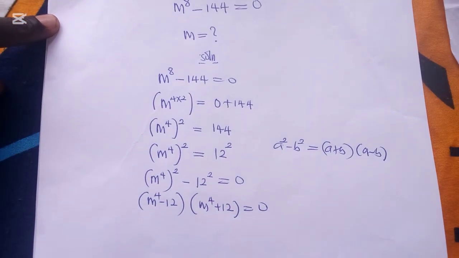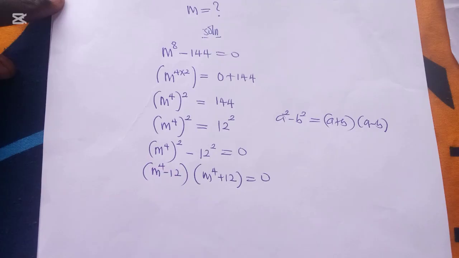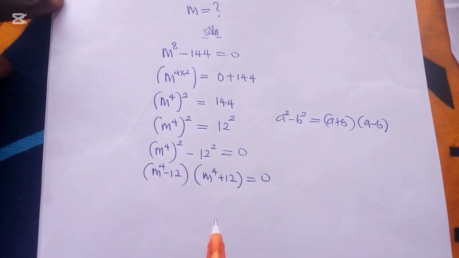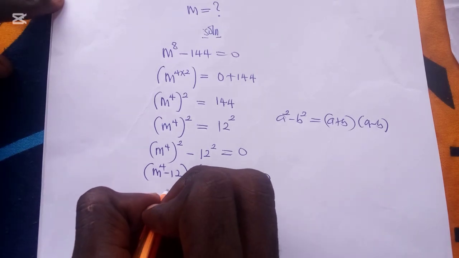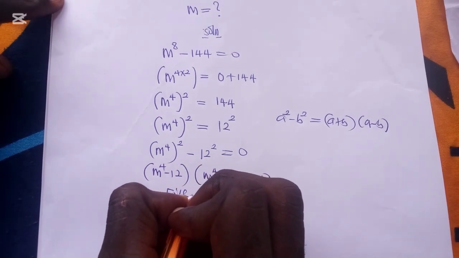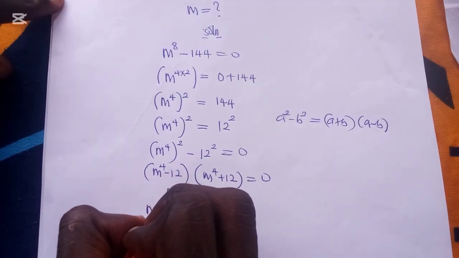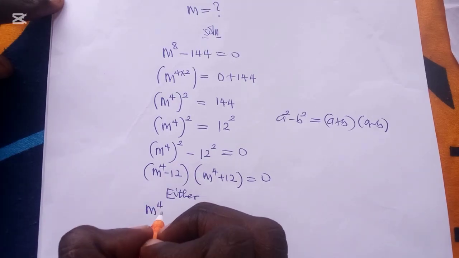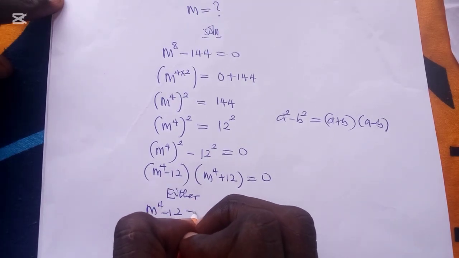Now what are we to do next here? We know we want to find the value of m. Now we can say either m raised to the power 4 minus 12 becomes 0.